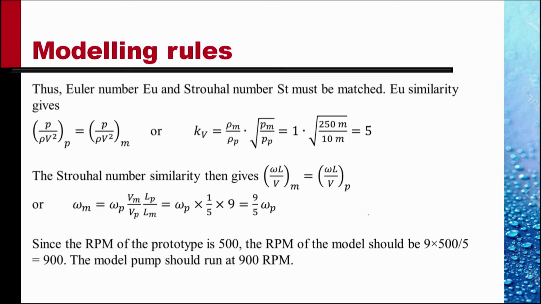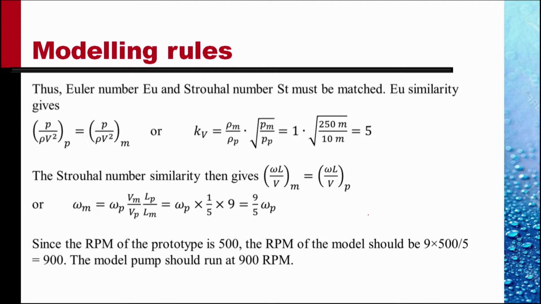Then we use Strouhal number similarity, and from this we get omega L by V for the model is same as that for the prototype. And so omega for the model is obtained as 9 by 5 times the value for the prototype.